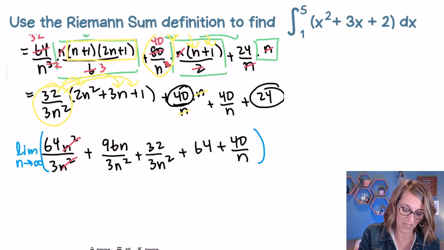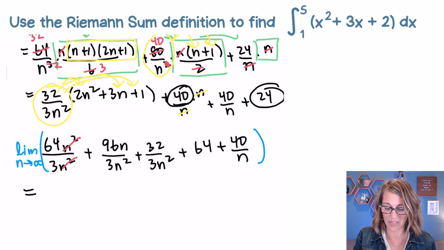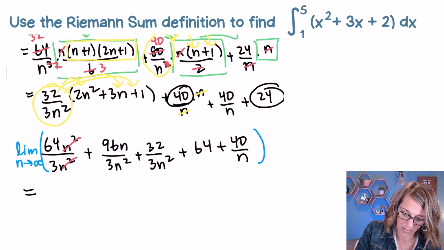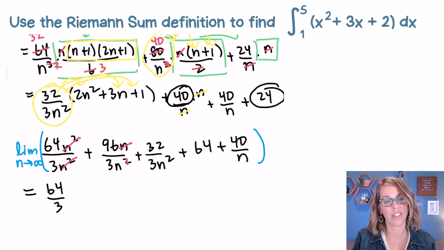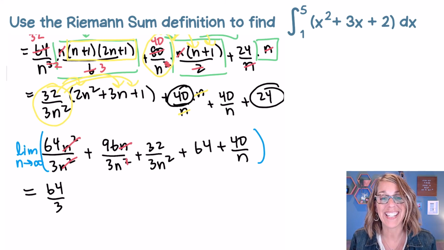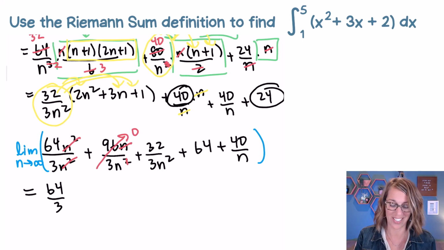Let's start with that first one. The limit as n goes to infinity of 64 over 3 is just 64 over 3. There's no n there. In the next one, I can cancel an n, and I'm left with an n in the denominator. So 96 over 3n as n goes to infinity goes to 0.